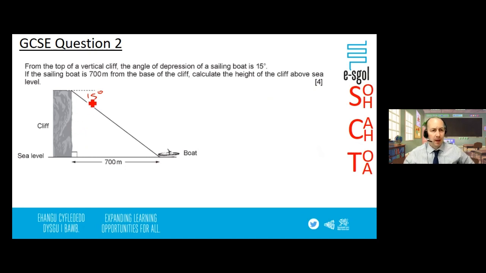So if we do 90 degrees, which is this big right angle, take away 15, that gives us this angle inside the triangle of 75 degrees. We can see those add to 90. So the angle of depression is relevant to the question, but obviously the angle inside the triangle is 90 take away the 15. If you didn't get that far before, it might be worth pausing the video again and giving that question a try, and then I'll come back in a moment.